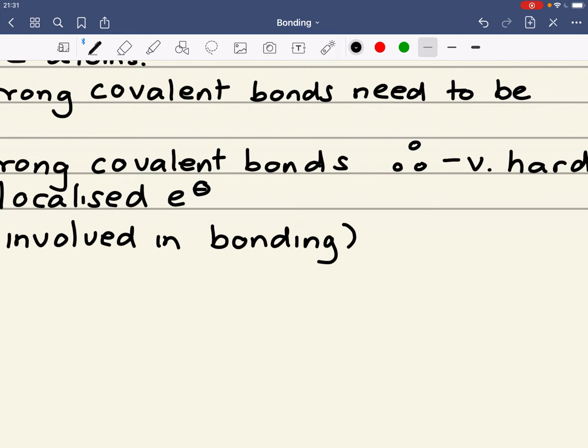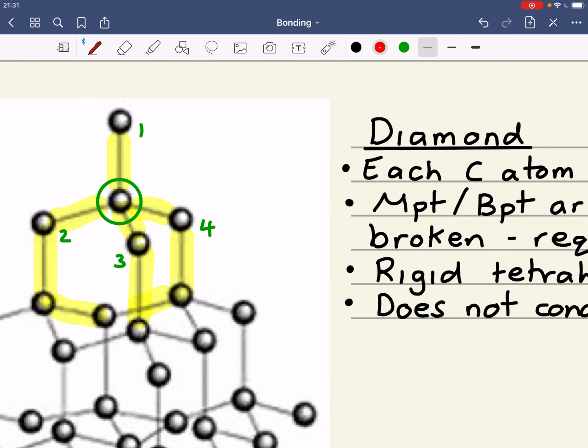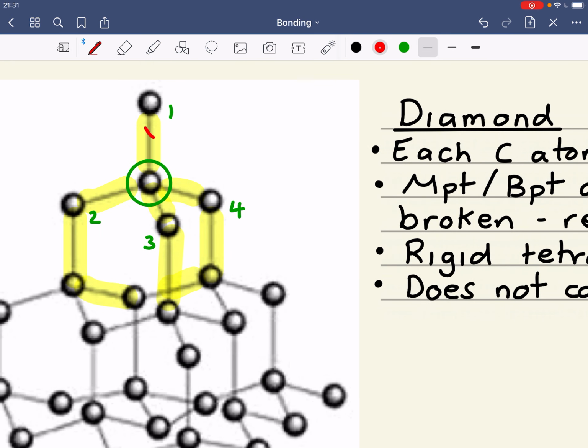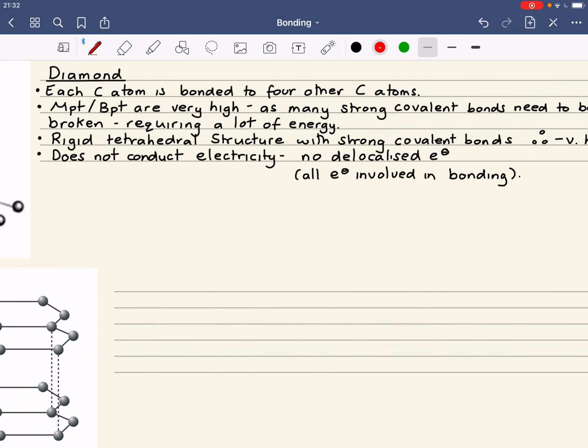So each carbon atom's got 4 outer electrons. If we have a little look there, looking at the green carbon, all 4 of this carbon's outer electrons are involved in bonding, therefore no delocalized electrons, and therefore it cannot conduct electricity.